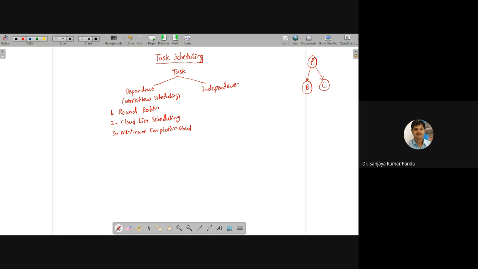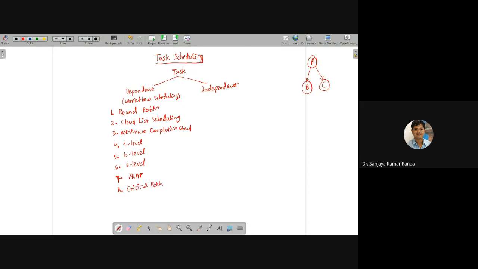perform scheduling. Like I told you about top level and bottom level, static level, and we have also seen as late as possible, and we have also seen the concept of a critical path.